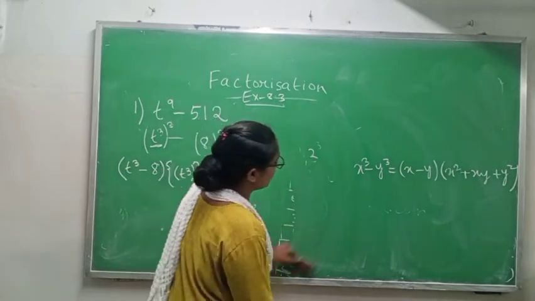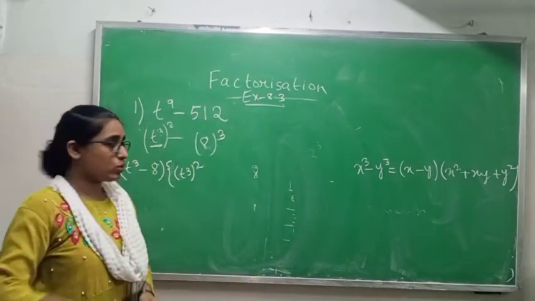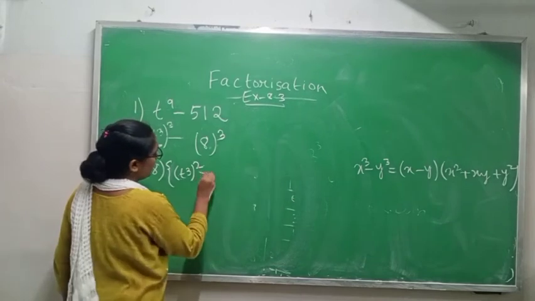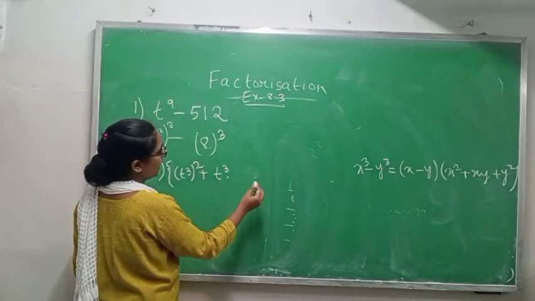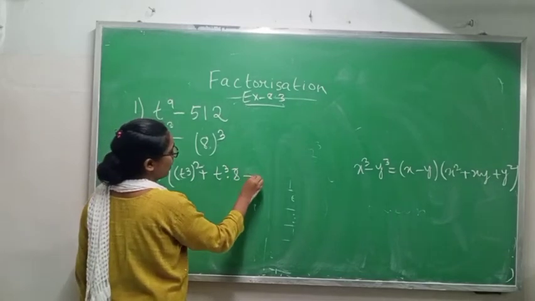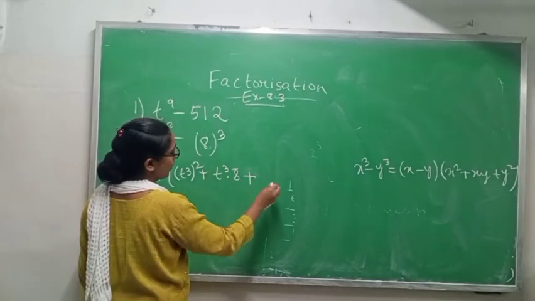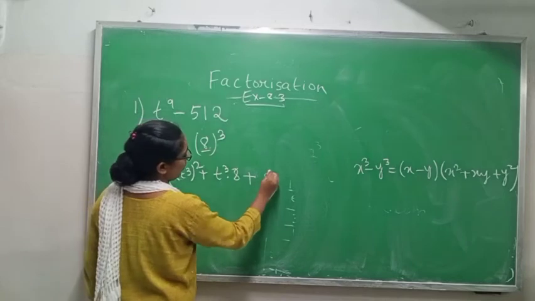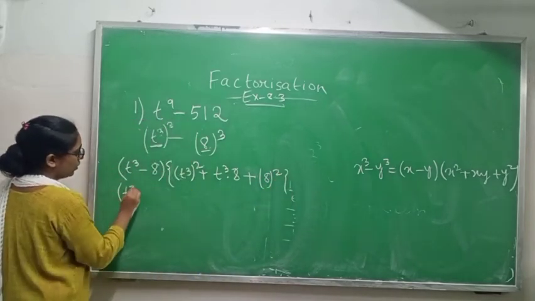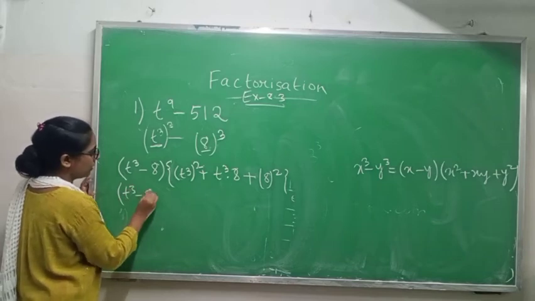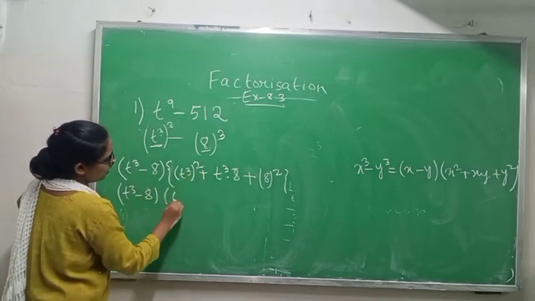Okay. Now after that, plus xy: x is 3 to the power 3, dot y is 8, meaning multiplication, plus y square means 8 square. Now 3 to the power 3 minus 8, 3 2s are 6.